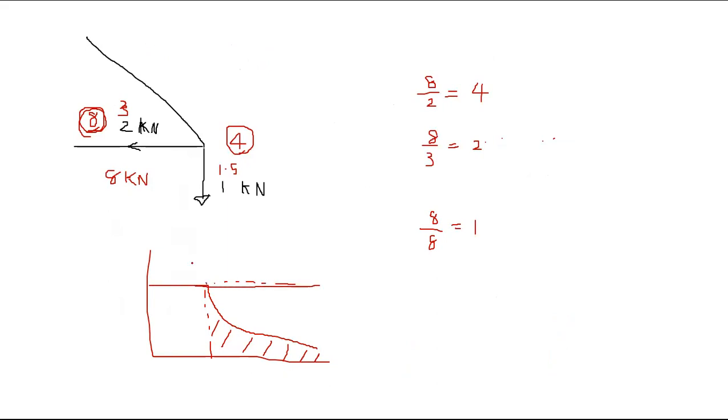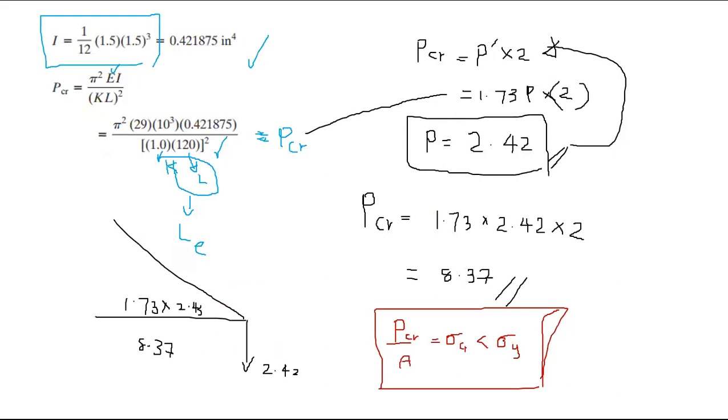If you move to this position, failure will be by pure compression. So we make sure that the stress is less than the compressive stress, so that it will fail by buckling first.